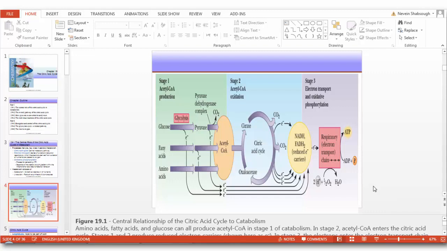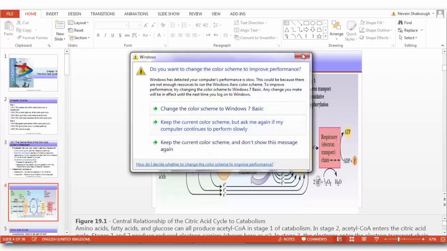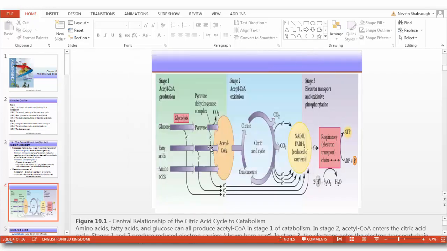Now, this figure shows us the central relationship of the citric acid cycle to catabolism. Here, carbohydrate metabolism goes into three stages. Stage 1, acetyl-CoA production.